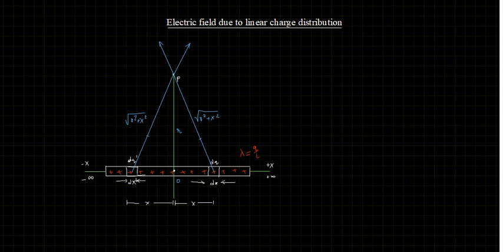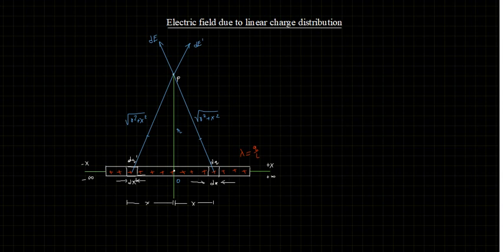That means the electric field at P due to dq and due to dq dash will be the same in magnitude. So this is the small electric field dE due to dq, and this is dE dash due to dq dash. They are the same at point P, because the distance is exactly the same. So the magnitude has to be the same, but the direction is not the same.